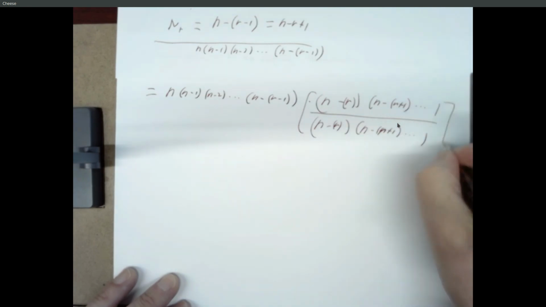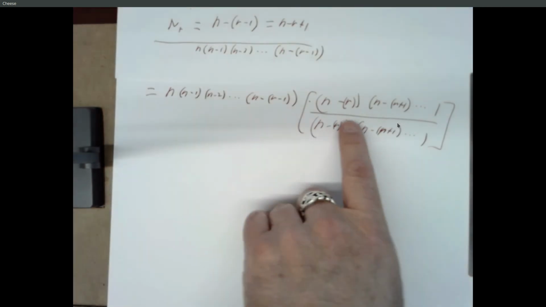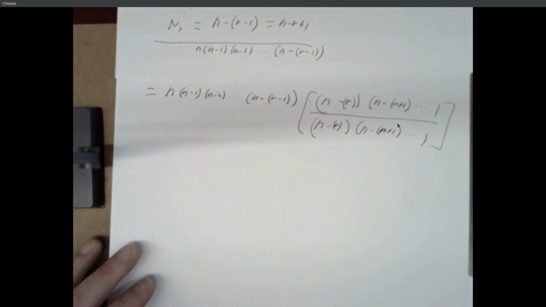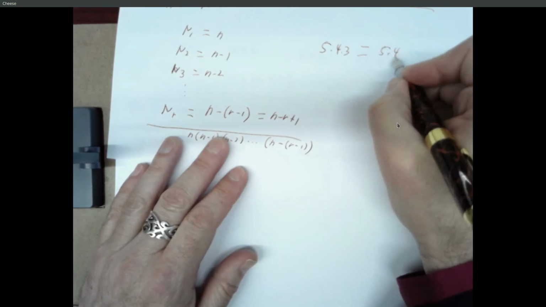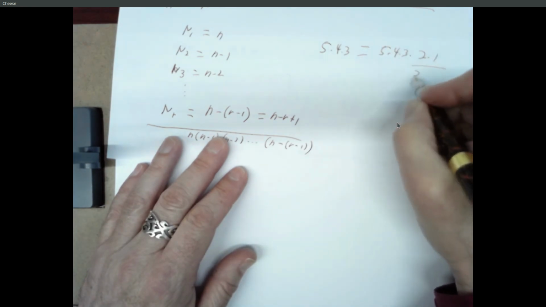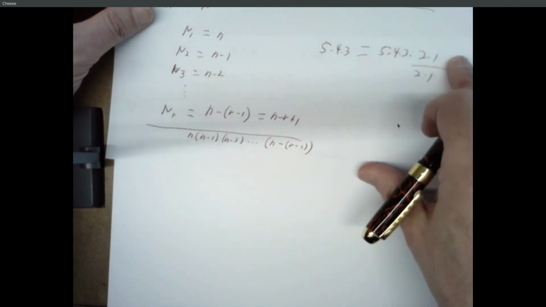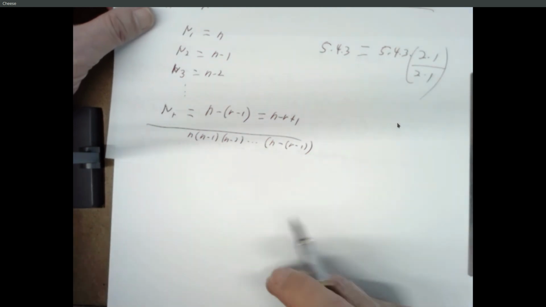I'm just going to multiply that expression by 1, but I'm going to write it in this peculiar form where I keep multiplying smaller and smaller numbers on top, and then I multiply the same smaller and smaller numbers on the bottom. So let me show you a specific example. 5 times 4 times 3, I'm writing as 5 times 4 times 3 times 2 times 1 divided by 2 times 1. So don't worry about the r minus 1, r plus 1, all that stuff. We're really just expanding this top part to go all the way down to 1, and then putting that same extra piece on the bottom. So we're multiplying by a fancy version of 1.